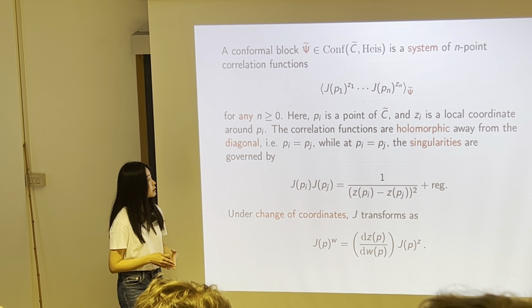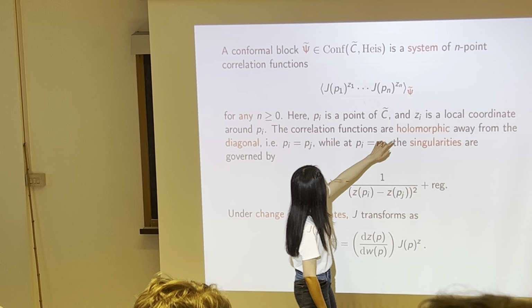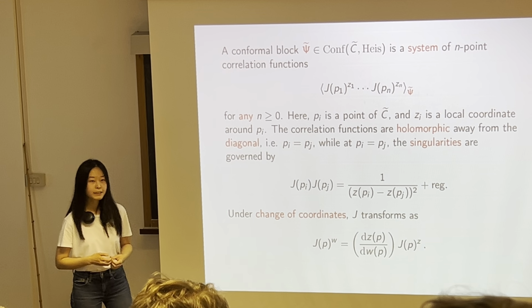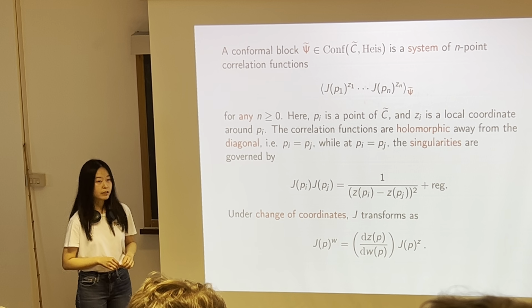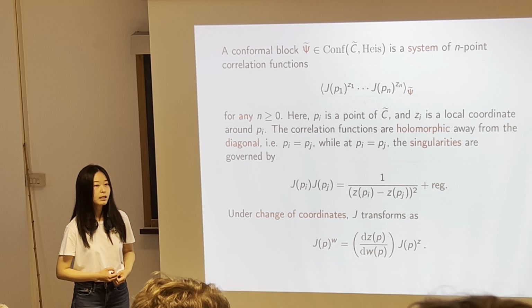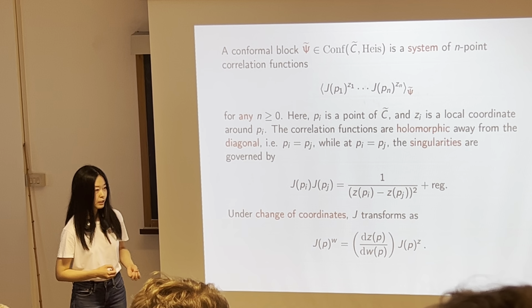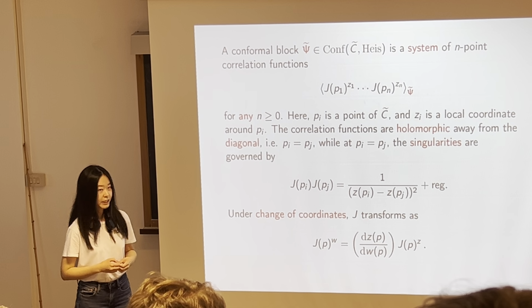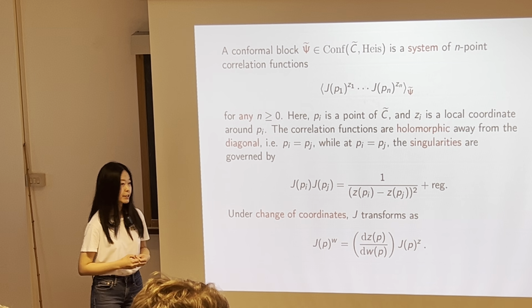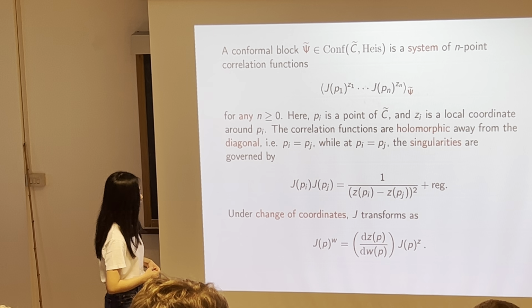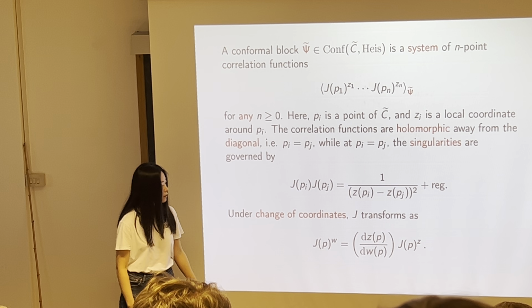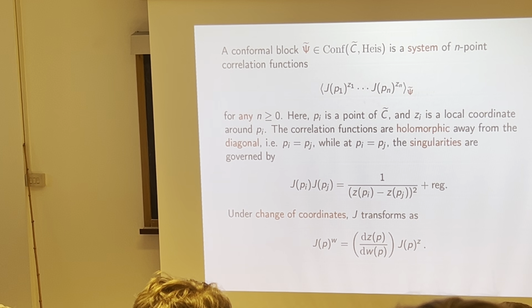Here the p_i give the insertion points on C tilde, and the i subscripts mean the local coordinate around each point p_i. In the definition, we require that all those correlation functions should be holomorphic away from the diagonal, which means p_i equals p_j. At the diagonal, the singular behavior should be controlled by the JJ OPE, which is in the definition of the Heisenberg algebra. And we also need to require that under change of coordinates, J should transform as a one form.